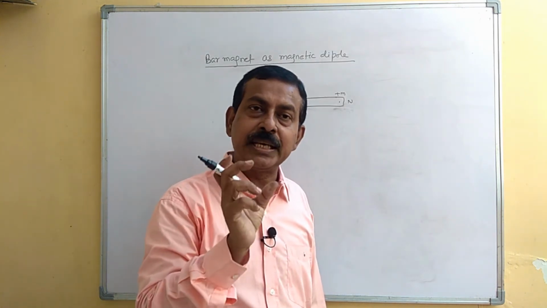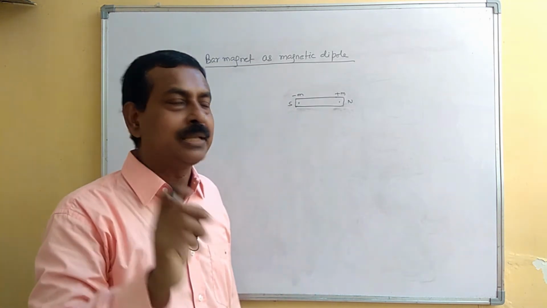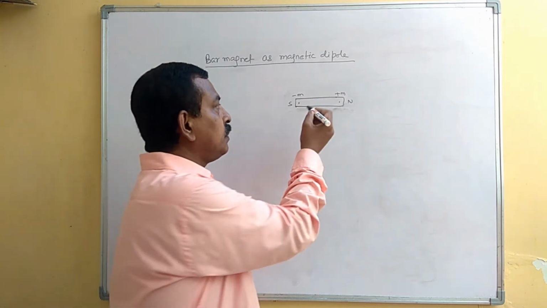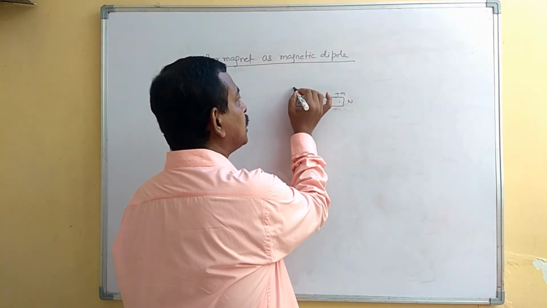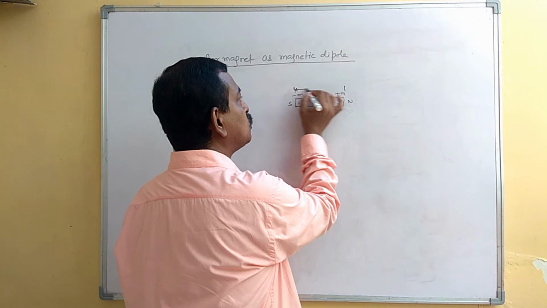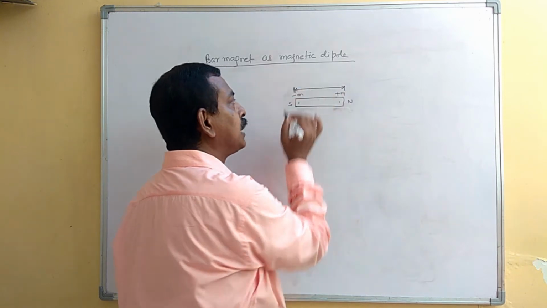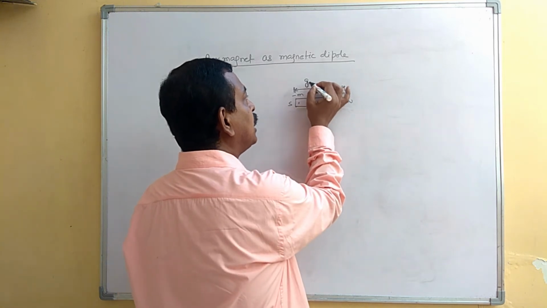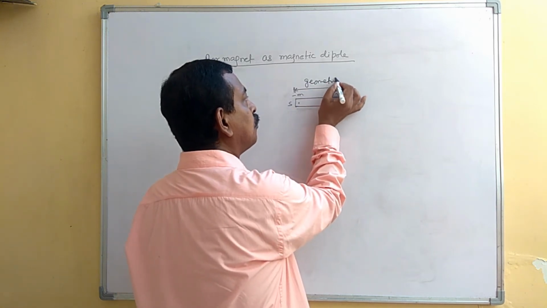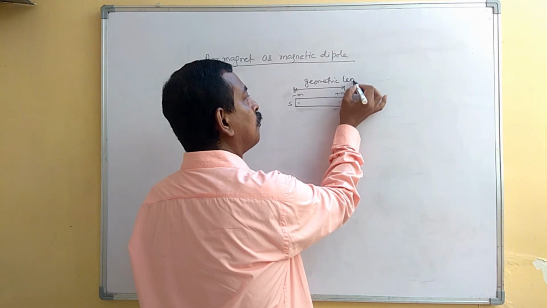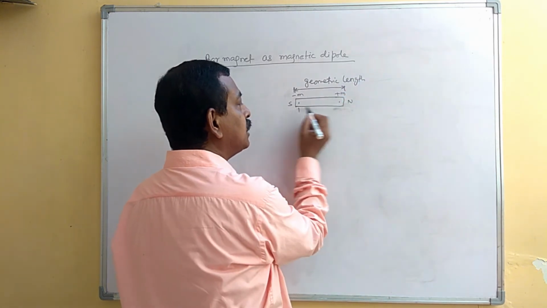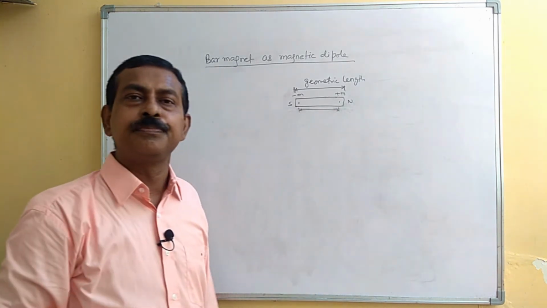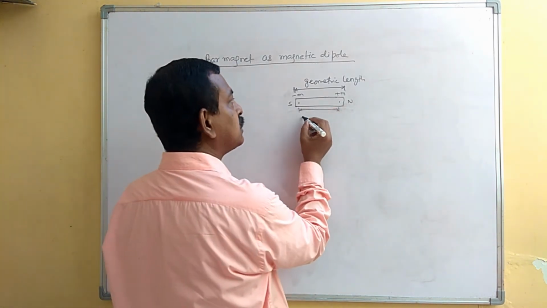Now, the poles of the magnet are not exactly at the ends. Here, this length, the distance from one end of the magnet to the other end, we call the geometric length. Whereas the distance between the actual positions of the poles is taken as the magnetic length.